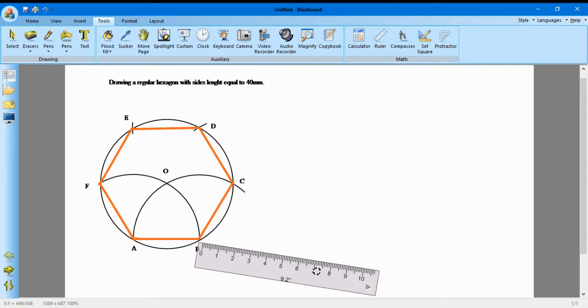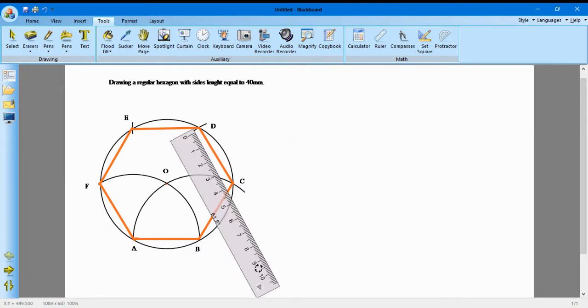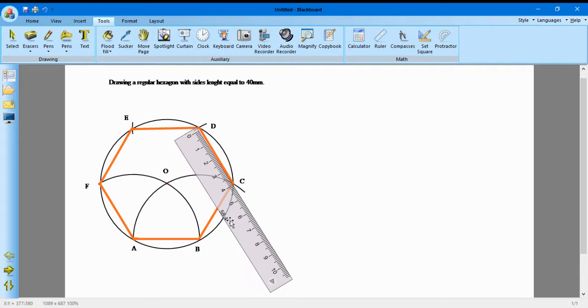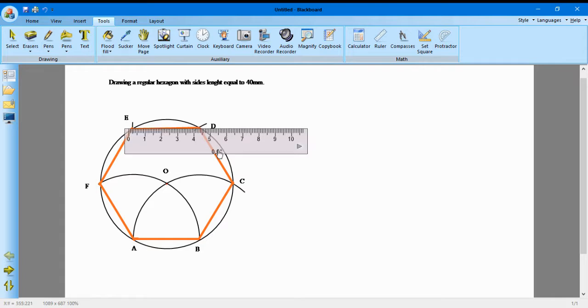I can go this way now. We are just verifying the side lengths. Zero to 4, which is 40. Okay, let's measure now the next side. 40.